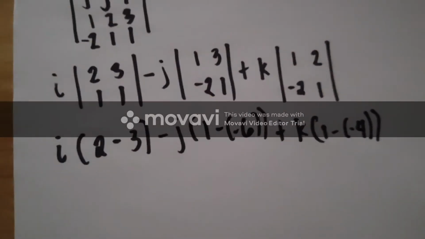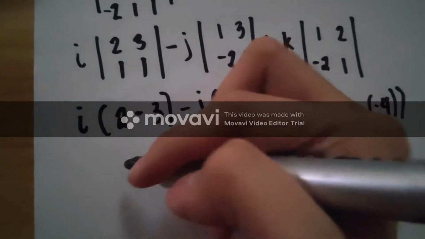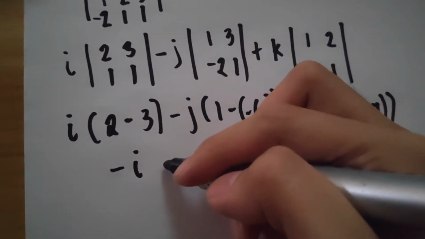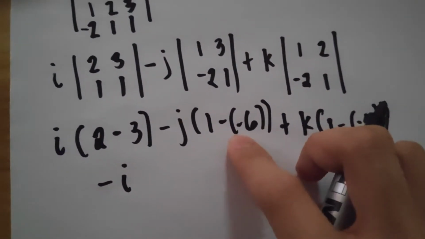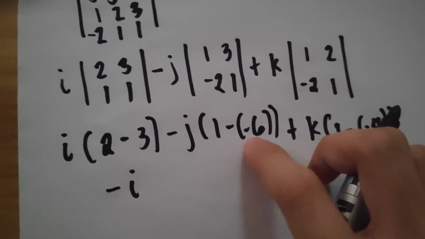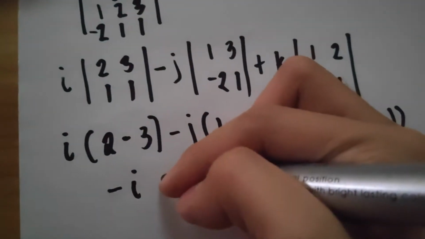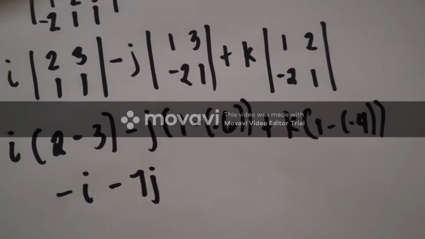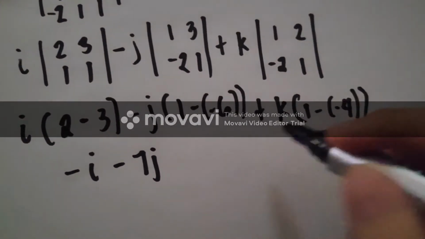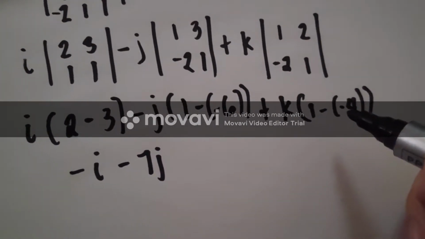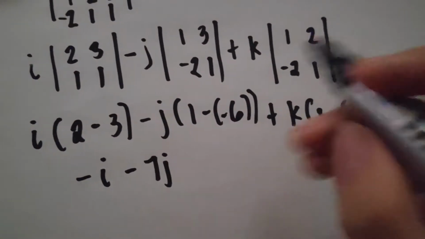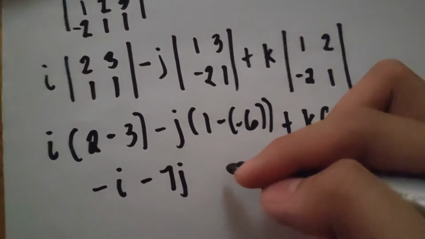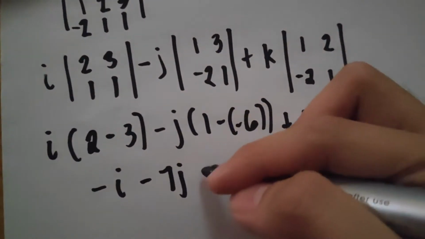There, we simply calculate them. So we have -i hat minus, 1 plus 6 will be 7, so still negative 7j. And for the value of k, we simply have 1 minus negative 4, so 1 plus 4, so 5, so we get 5k.